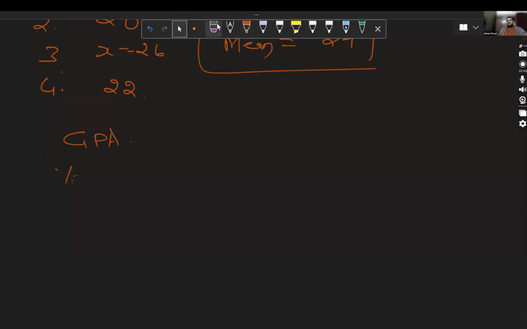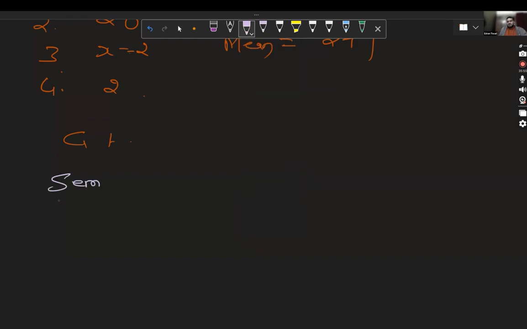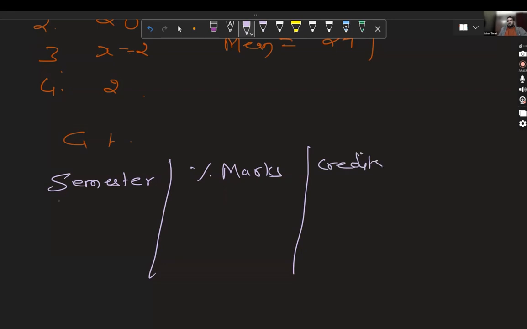When they were calculating my final GPA, they have the semester, the percentage marks I got, and then credits. Some semesters have high credits, which means more hours we have to study, and some semesters have low credits, which we have to give lower weightage.